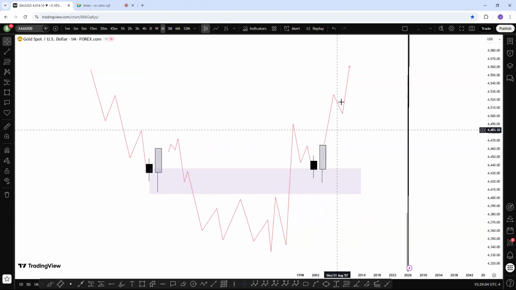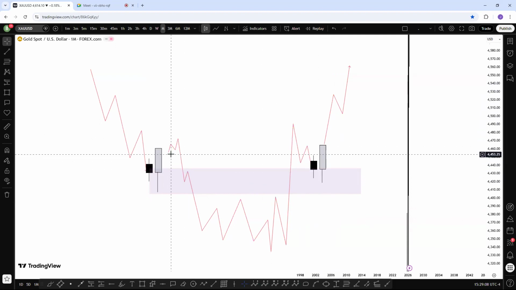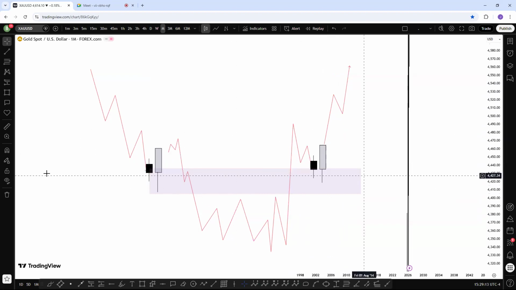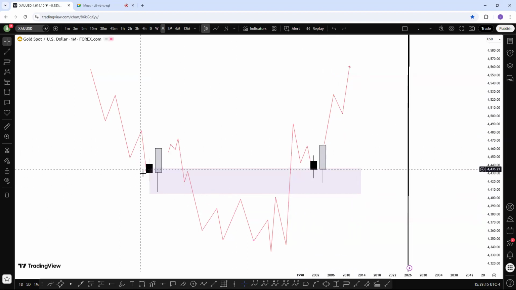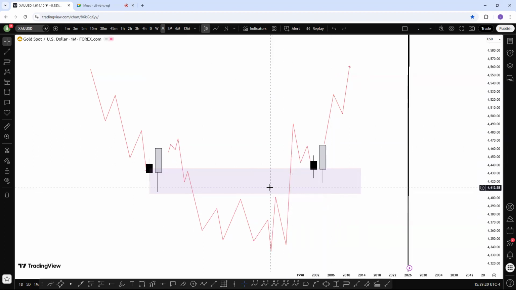I hope it's clear. Even if you look left and see manipulation, and you see more manipulation that forms like this, that's a strong institutional zone.